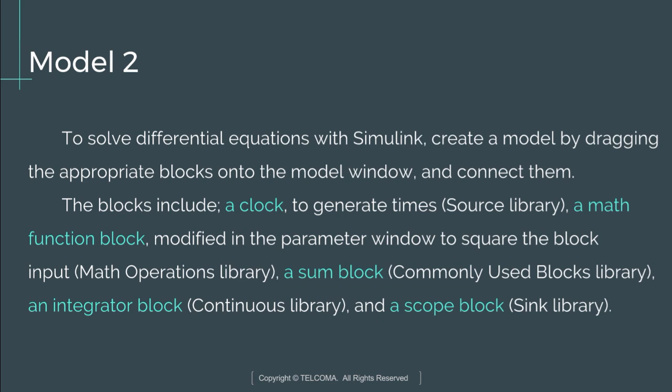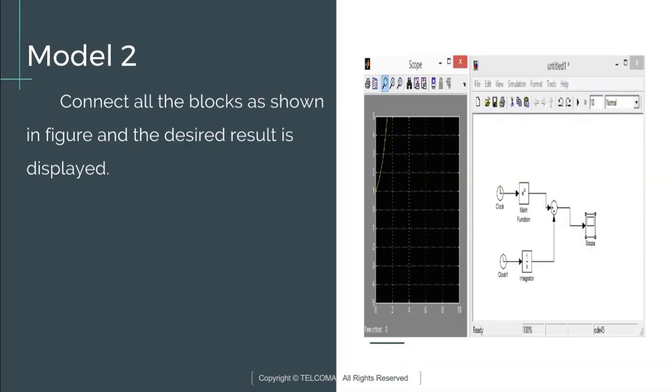The blocks include a clock to generate times, which is selected from the source library, a math function block modified in the parameter window to square the block input, which will be selected from the math operations library, a sum block, which is in the commonly used blocks library, an integrator block from the continuous library, and a scope block from the sinks library. So connect all the blocks as shown in the figure and the desired result is displayed.